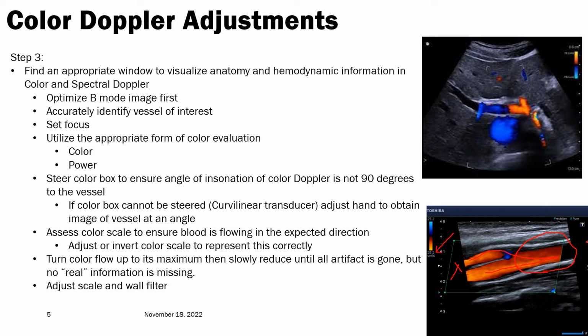Now, because of how my box is set here, if I had red as a positive Doppler shift or at the top part of my scale, that would indicate that the blood was flowing to or toward my scan lines, which would mean it was actually going this direction.